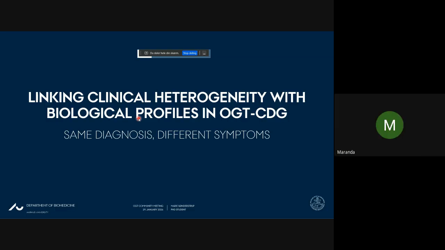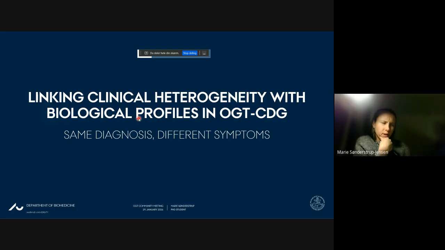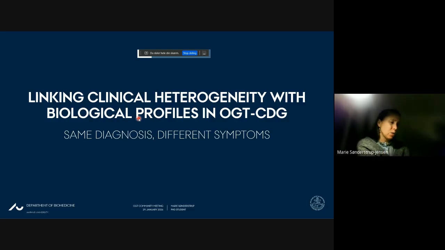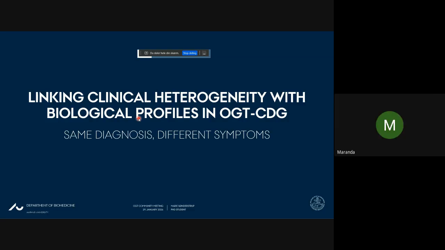They were telling me in the beginning to follow Kellen's A1C. Is that something that's recommended for OGT-CDG kids? Come again, sorry? To follow their A1C, because apparently that can be affected. I'm not sure what that is. A1C? It's normally used for diabetes.